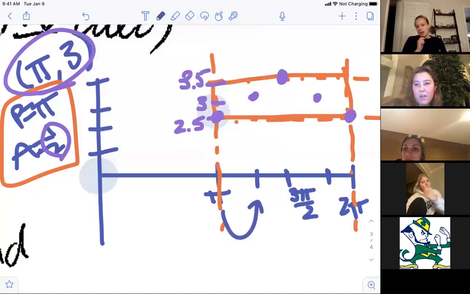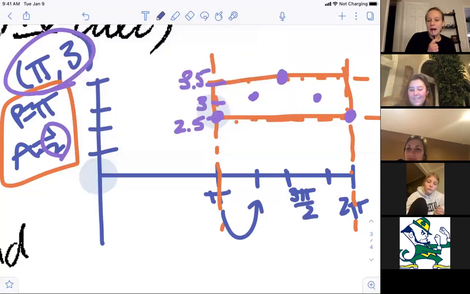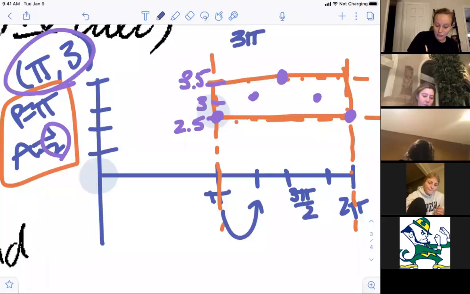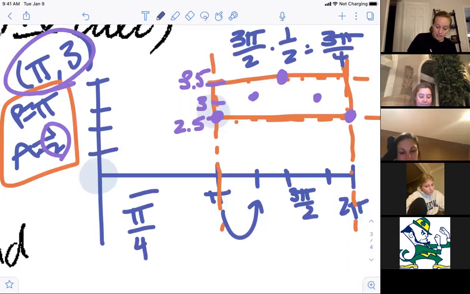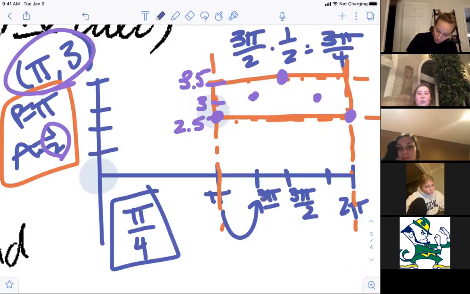Oh, wait, no, it's not 2 pi. We're going to times by 1/2 if you think about it. So I've got 3 pi over 2 times 1/2, which is going to be 3 pi over 4. If you want to think about how Brooke thought about it earlier, she said, if pi is my period, I'm dividing that by 4, then each of these increments is going to be pi over 4s. So this is technically 3 pi over 4.